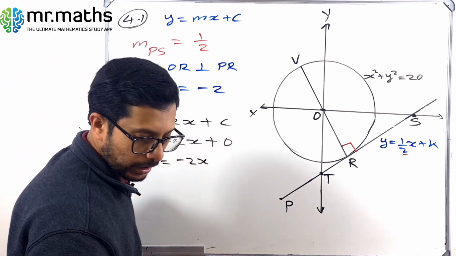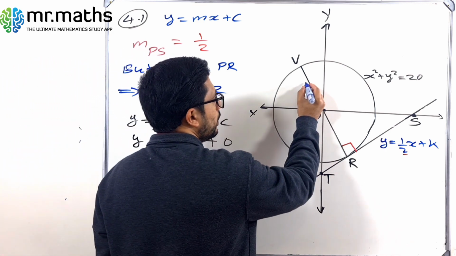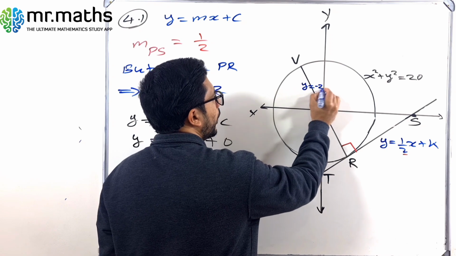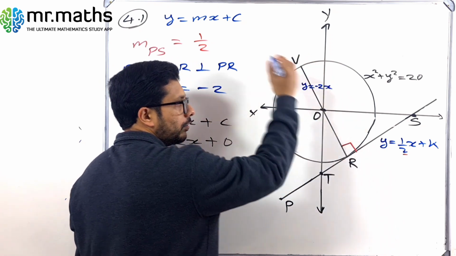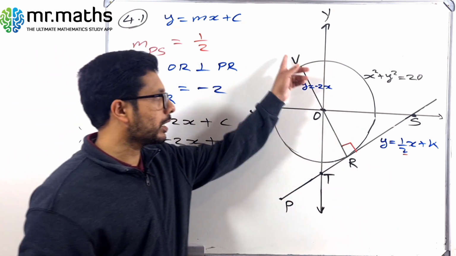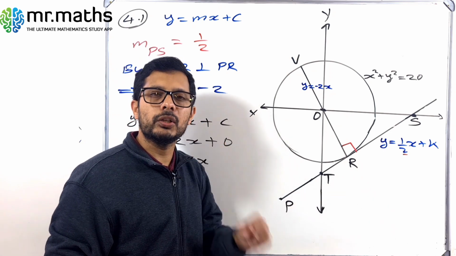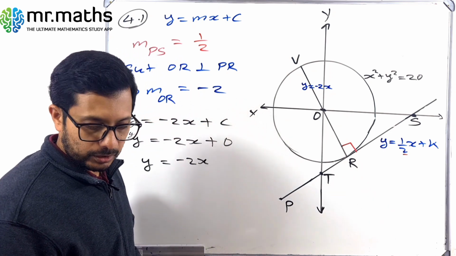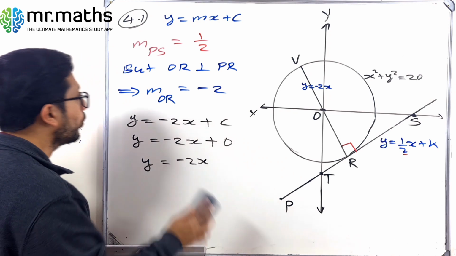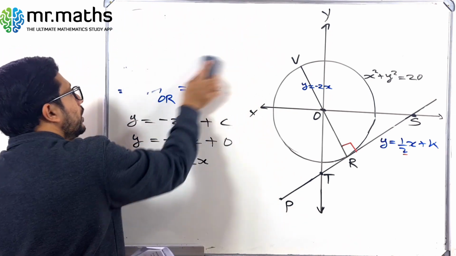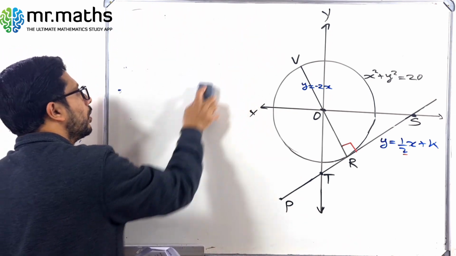So the equation of this line, OR or VR, the same straight line, is y is equal to minus 2x. So that is question number 4.1. You have to find the equation of the line OR.